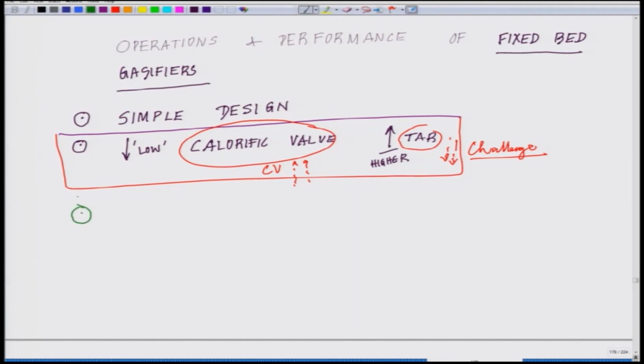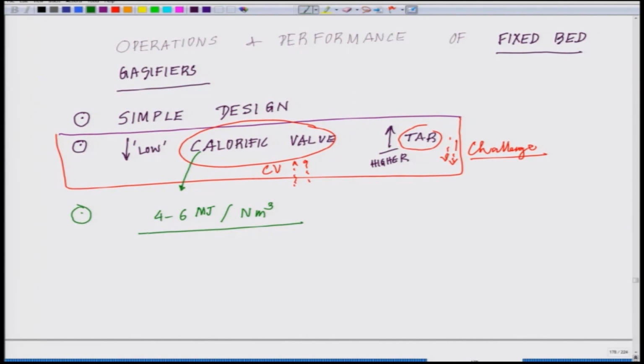Now, the third important point: what is the composition, and what kind of calorific values do you get? If you remember from the previous class, we talked about megajoule per normal meter cube. This is a fairly low calorific value, around 4 to 6.